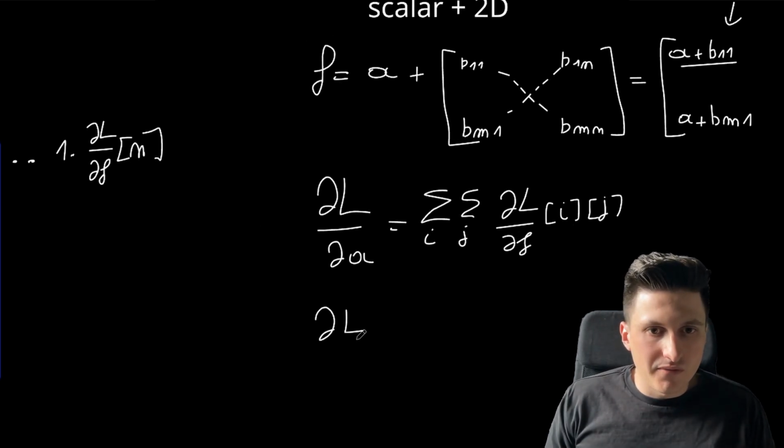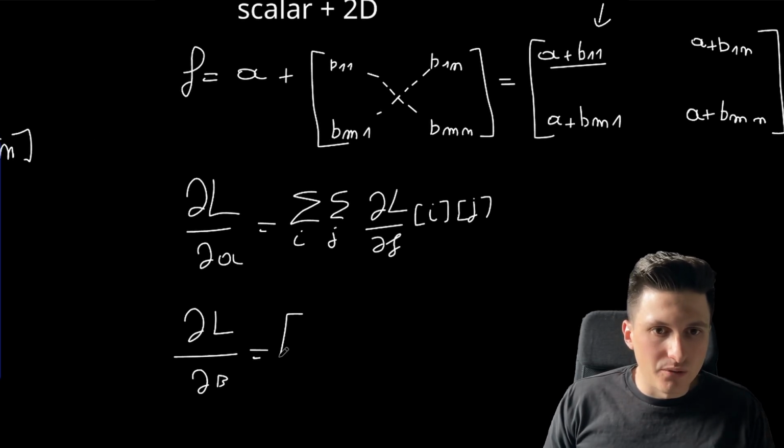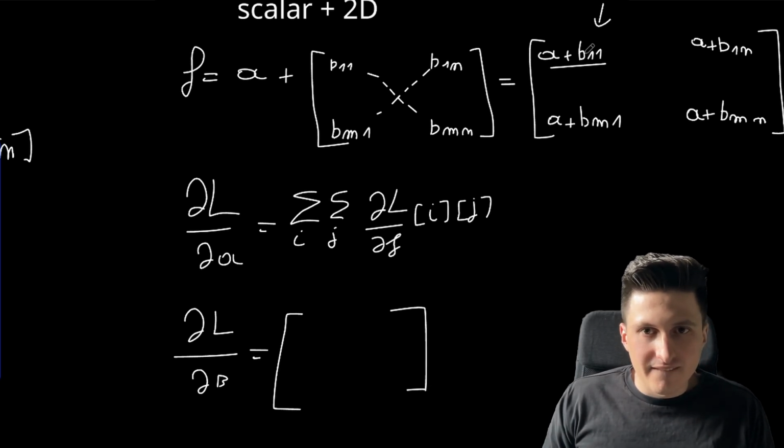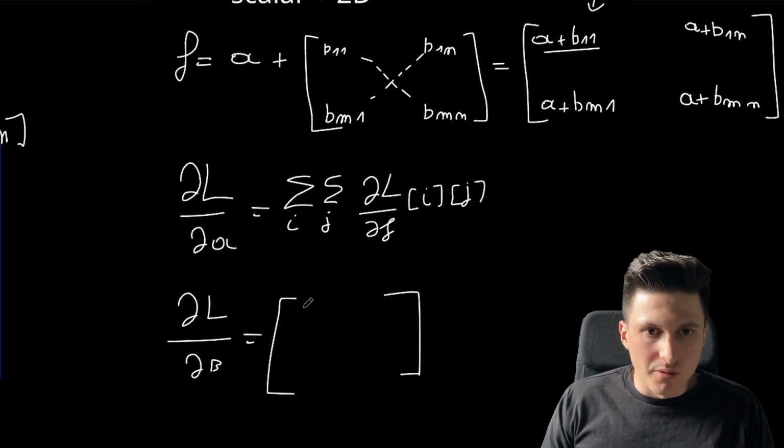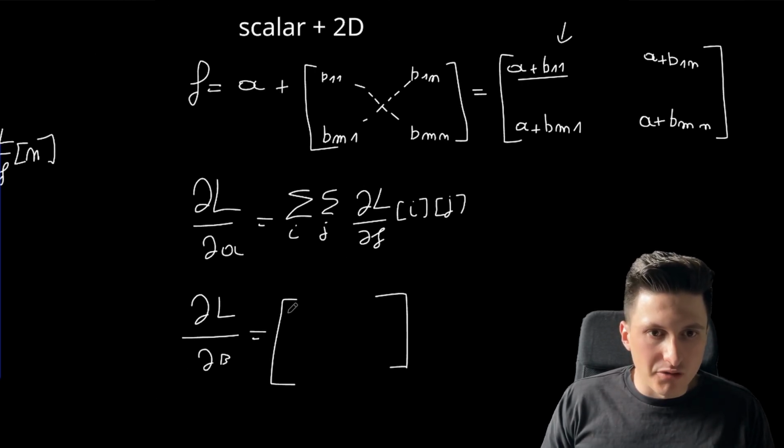And then for the loss with respect to b, this is once again going to be a 2D tensor. And once again, this contains a local derivative 1 on each position. So we are just going to propagate the gradient of the output. So on each of these positions, it will just consist of the derivative of the output.